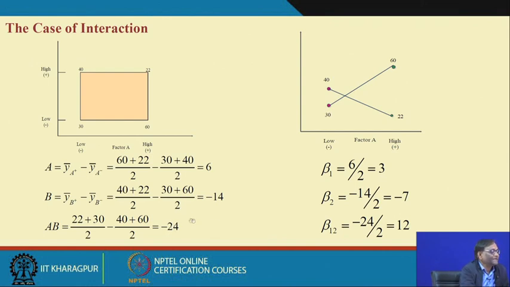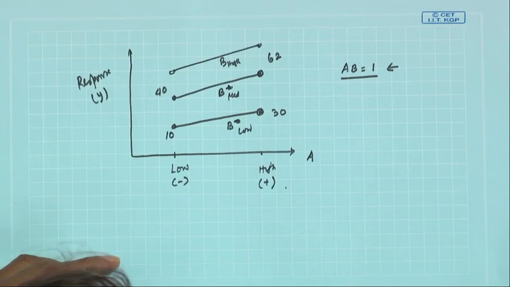units less. Now, if you take this side A and this side response, and then what happened? It is with respect to B. So, when B at low, this is 30 and 60, and when B at high, 40 and 22. So, that means here when there is interaction, what is happening?